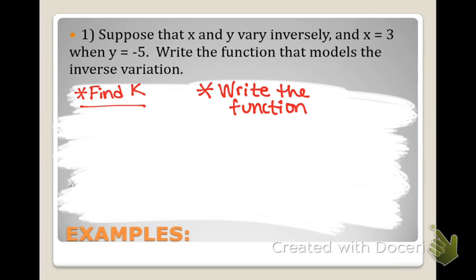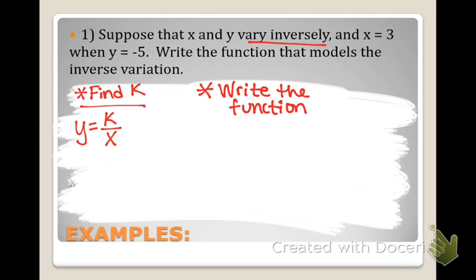In order to find k, there's 2 different ways you can do it. My favorite way, so that I only have to remember one equation for this, is just to write the equation in its general form, y equals k divided by x, because we are varying inversely. Plug in what they give me and solve for k.